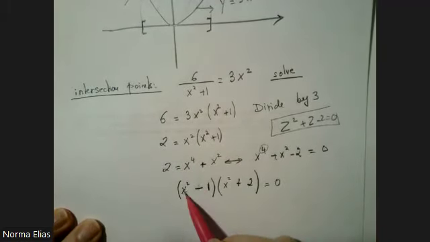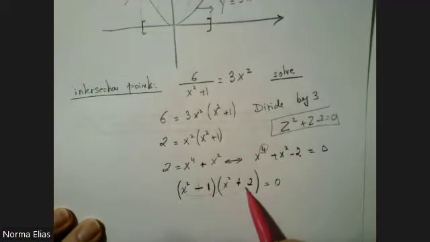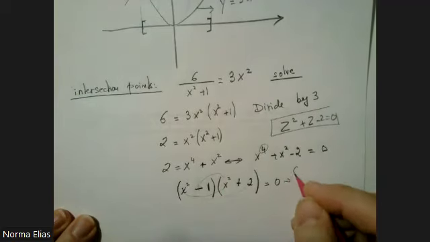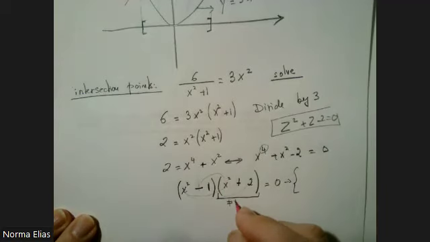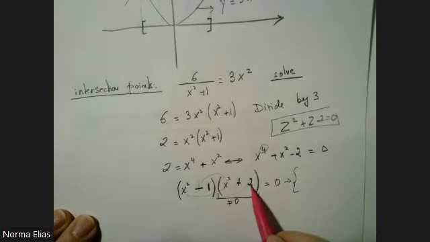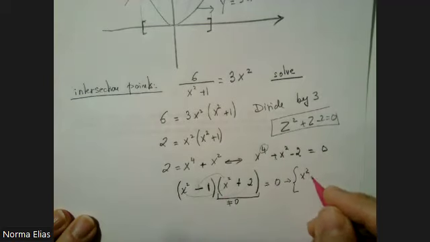Let me double check. x^4 plus 2x squared minus x squared minus 2 equals 0. So this term here is always not 0 because you're adding a 2 to it. So this would give me x squared minus 1 equals 0. x is plus or minus 1.